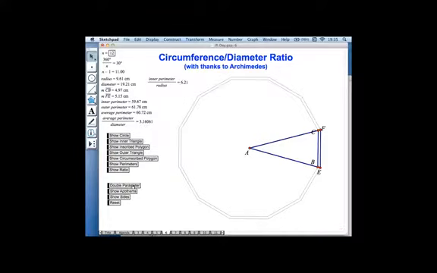So here's the inner 12-gon and here's the outer 12-gon. The circle is being squeezed between these. And now the average of the perimeters of these two 12-gons divided by the diameter of the circle is now 3.16. And this is getting very close very quickly to a number that looks quite familiar to us.